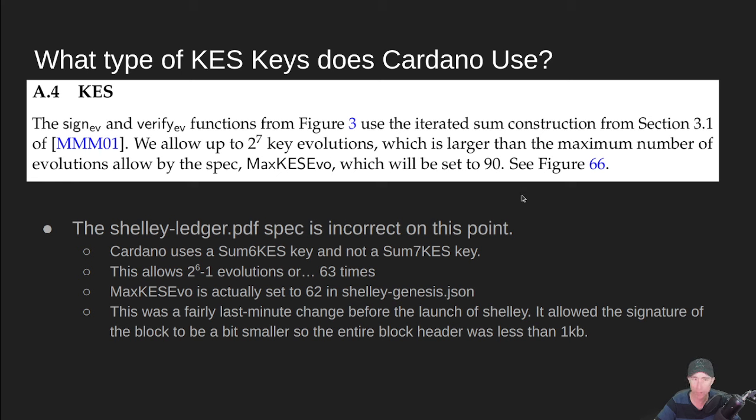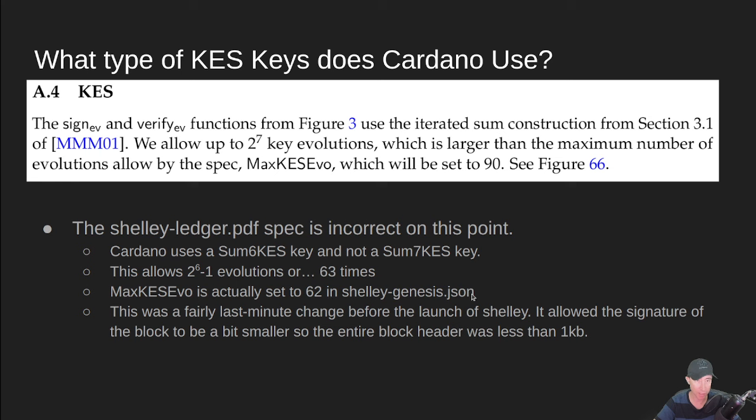But before the launch of Shelley, they made a call to switch to sum 6 keys. The difference is these KES keys can be evolved 2 to the 6th minus 1 times, or 63 times. So 2 to the 6th is 64, minus 1 would be 63.